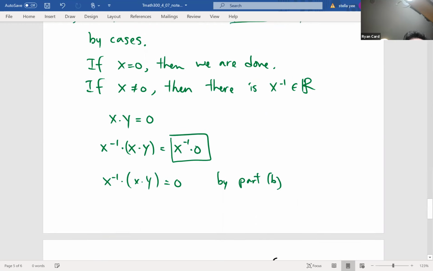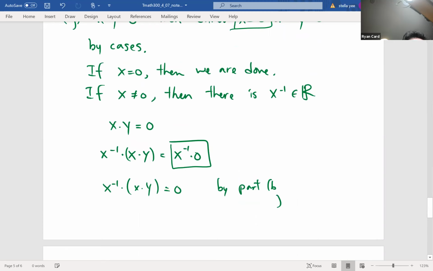Then for the left-hand side, I could use associativity. So you can multiply x and x inverse before multiplying by y. And x inverse times x is equal to 1 by the multiplicative identity.